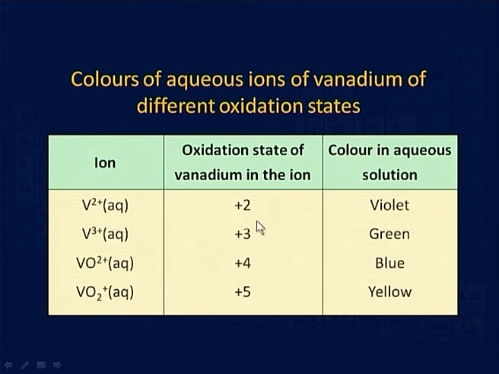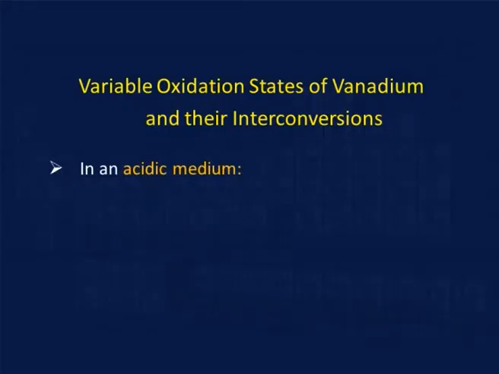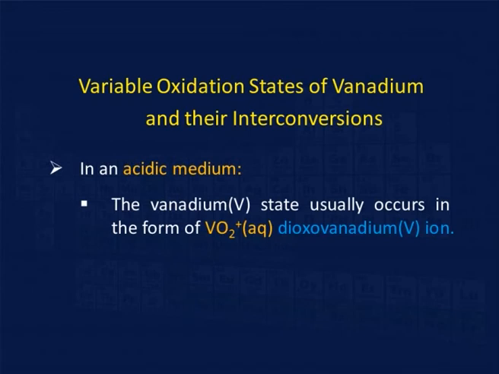Vanadium 2+ is violet in color, 3+ is green, 4+ is blue, while vanadium 5+ has yellow color. This color also changes with the change in the pH. That is to say, in acidic medium, the vanadium 5 state usually occurs as the dioxo vanadium ion.